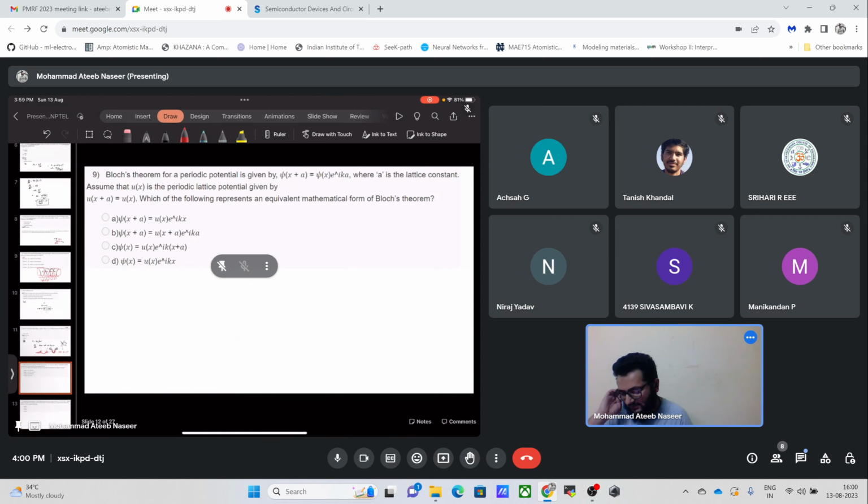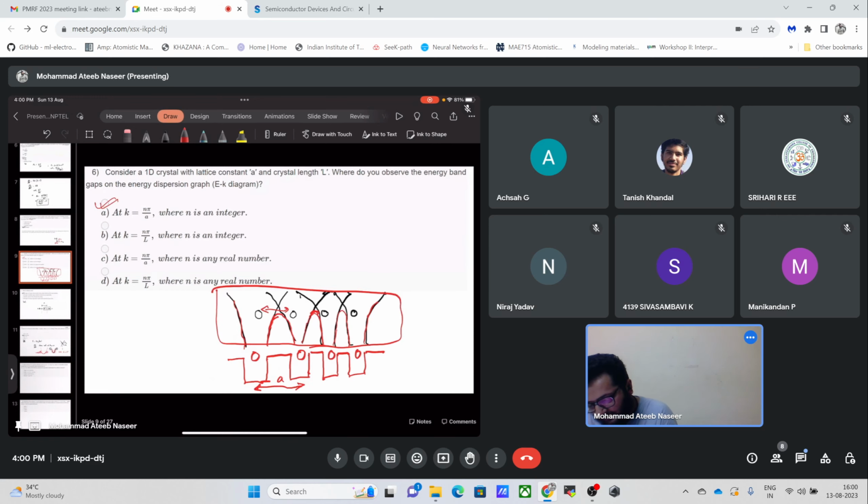Now this is also related to Bloch's theorem, and I guess you might have done this. For a periodic potential, we have seen that this potential over here was periodic with some period a.